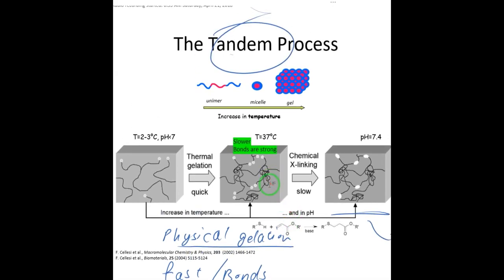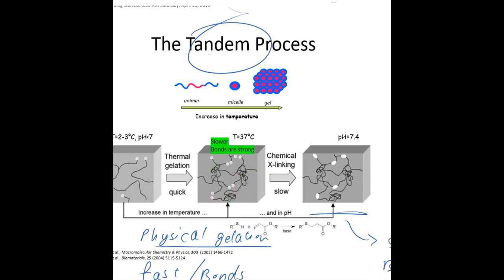On the other hand, when these polymers are connected to each other by the chemical linking, we will have the chemical gels, and this is slow compared to the physical gelation. The chemical gelation is slower, but it is stronger.